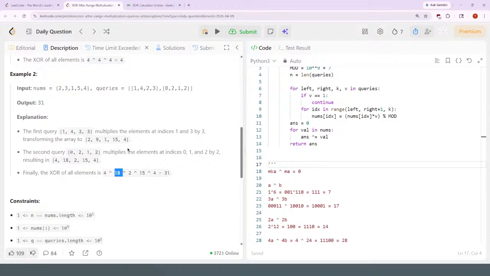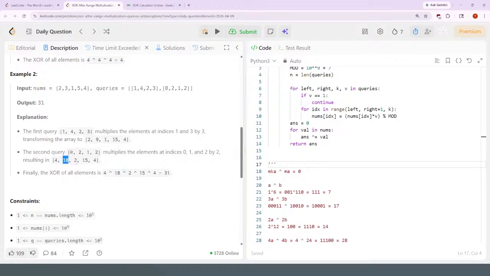I wonder... No, this doesn't... So certain ranges... 1, 1, multiply by 2, multiply by 6, multiply by 2, multiply by 3, multiply by 1.